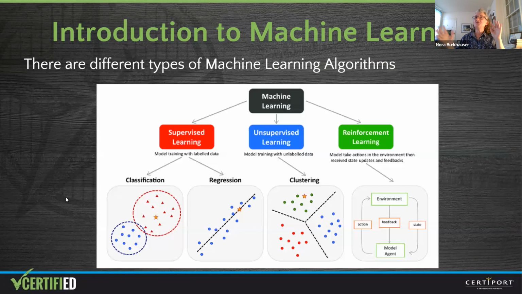Okay, so I'm going to take a couple minutes and just very briefly talk about machine learning and familiarize you with some of the vocabulary associated with it. So we said machine learning is a subset of AI. Well, within machine learning, there are different types.